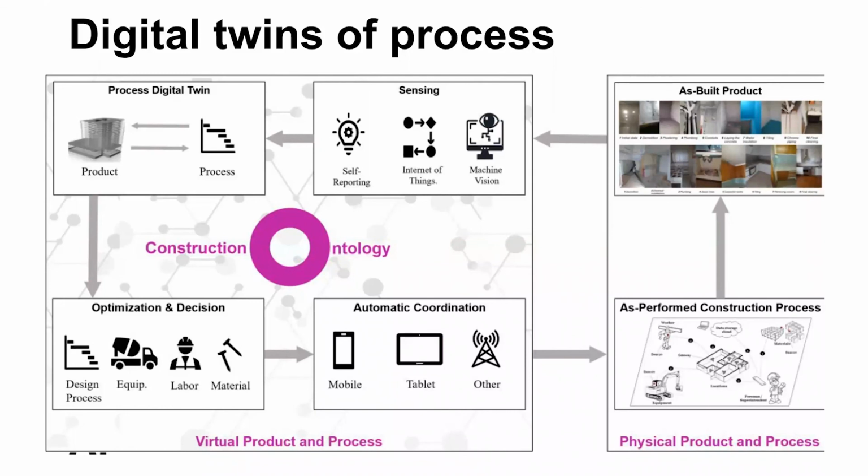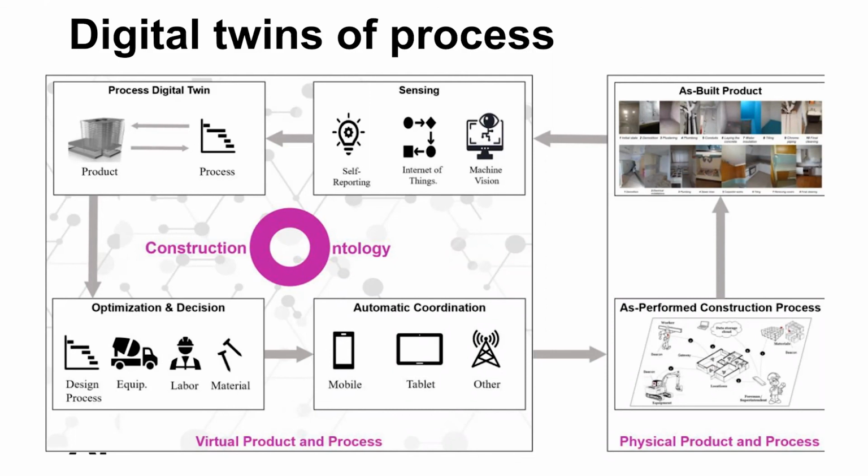I think here also first steps have been taken. The maintenance digital twin is already quite developed, but during construction, there are still limited ways to sense the construction process and how to integrate all that together to have a real process digital twin. So I would say we have sensing starting to be quite used in many projects.